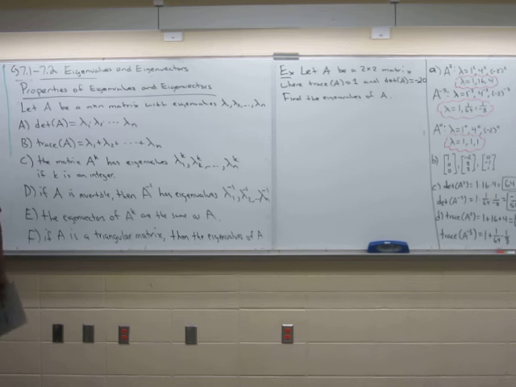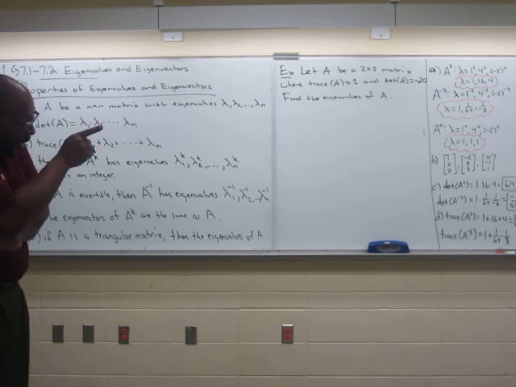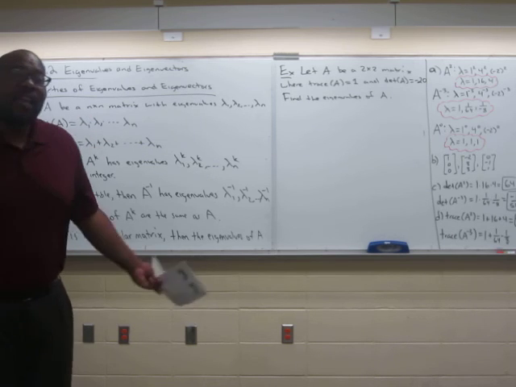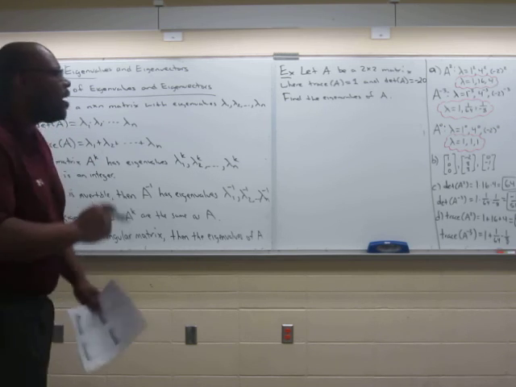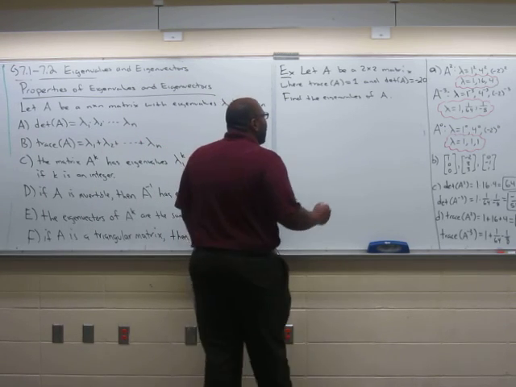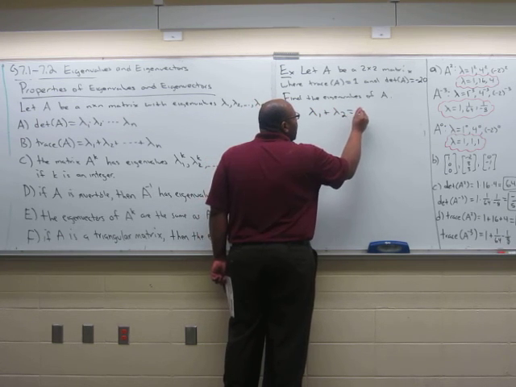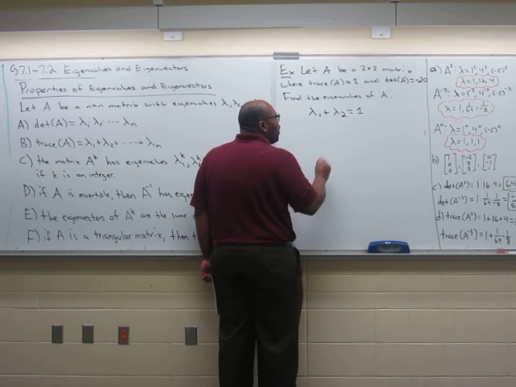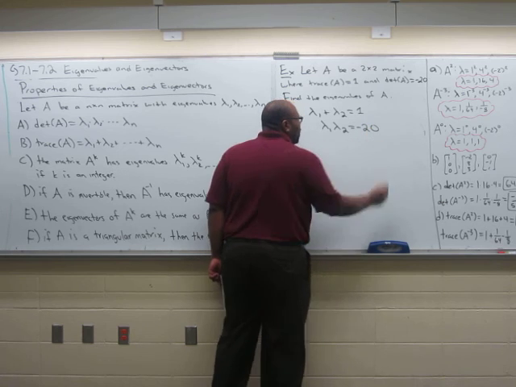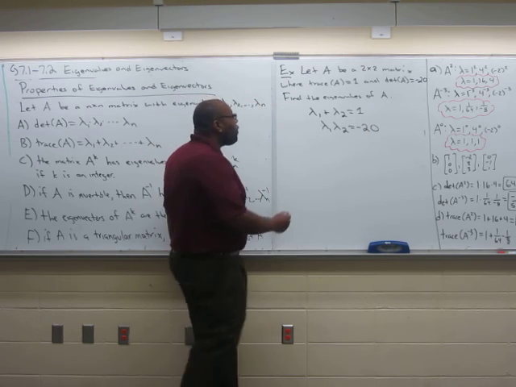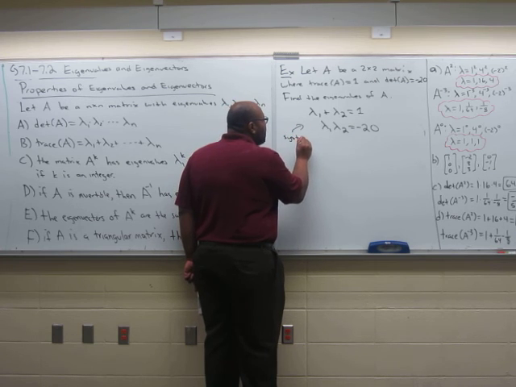Well, I say to myself, I know how to do this. The trace of A is really just the sum of the eigenvalues of A, and the determinant of A is really just the product of the eigenvalues of A. So I can say, okay, lambda 1 plus lambda 2 is equal to 1, and lambda 1 times lambda 2 is equal to negative 20. So essentially I can use my calculator to solve this system of equations, or I can just use a little bit of common sense.